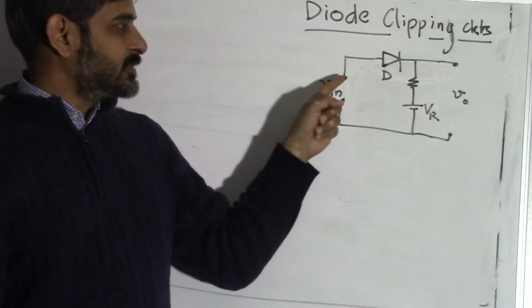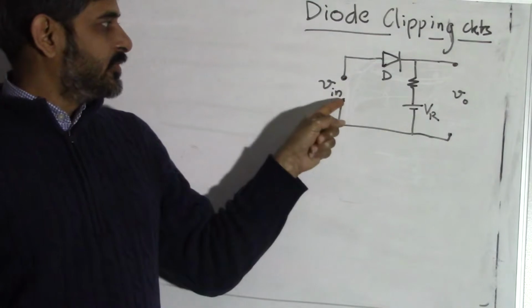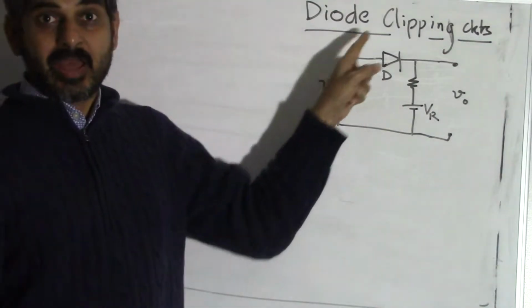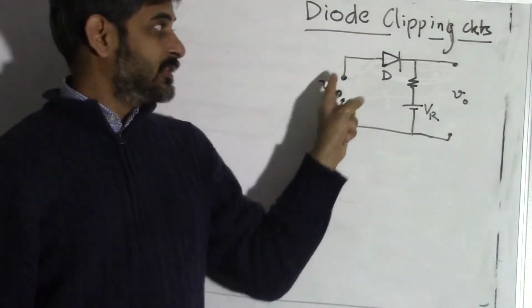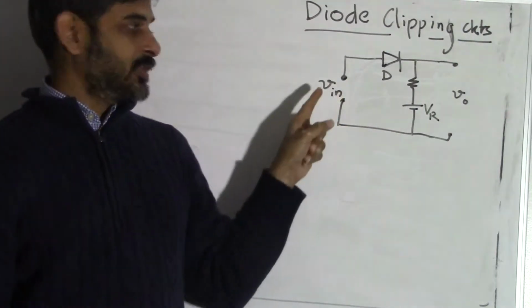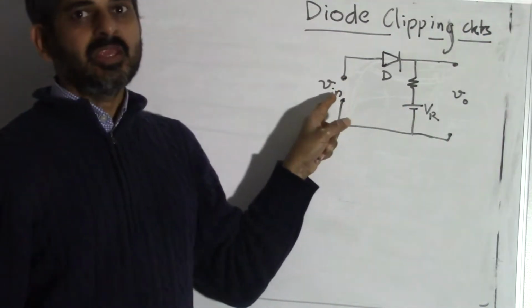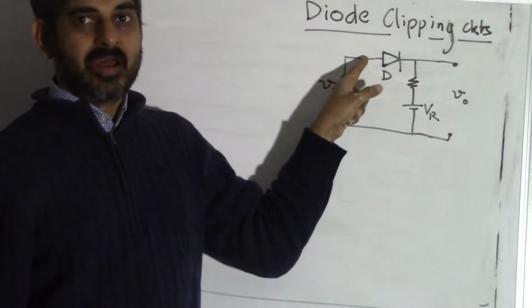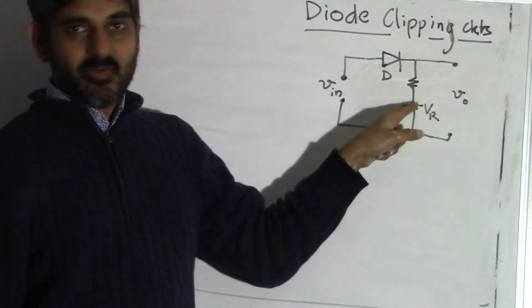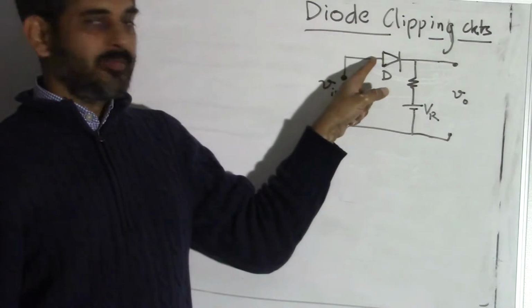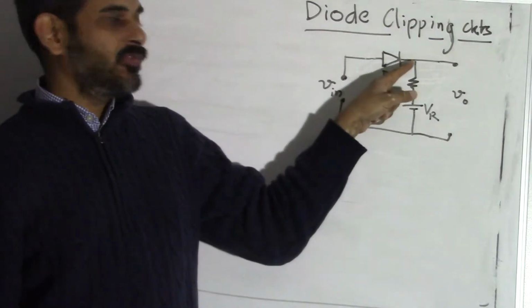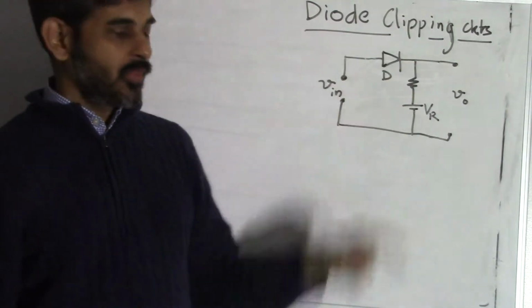So let's analyze this. What happens if this V in is higher? You can think of this loop here which has an input voltage and VR, the voltage here. If this V in is much higher than this VR voltage, this end will be at high voltage and this end will be at low voltage.